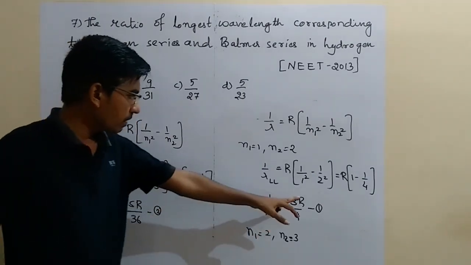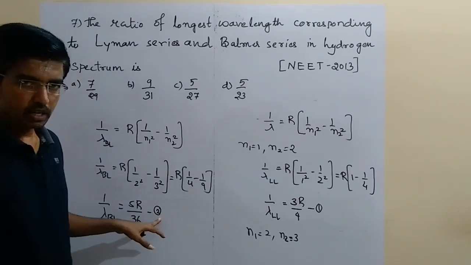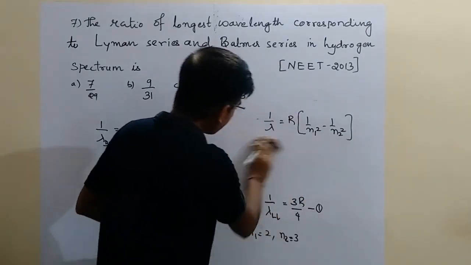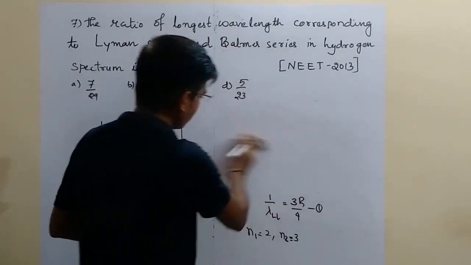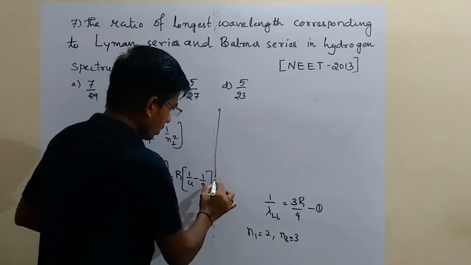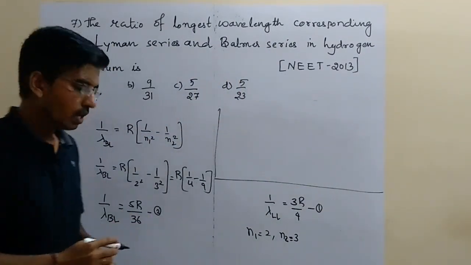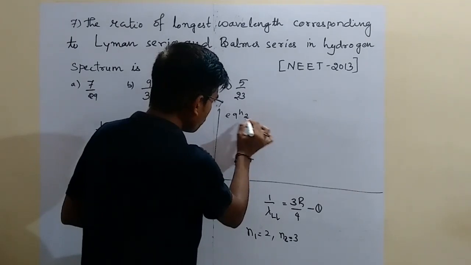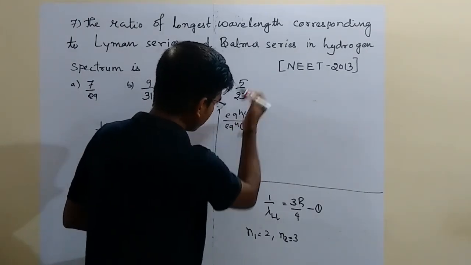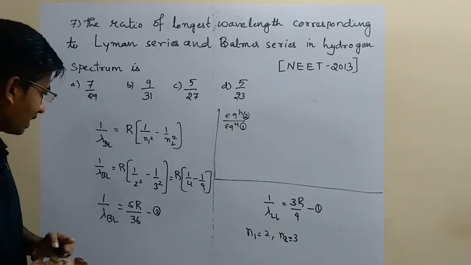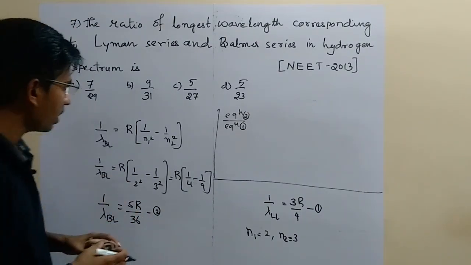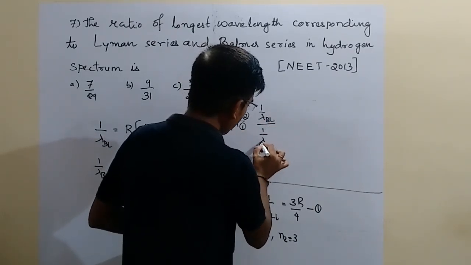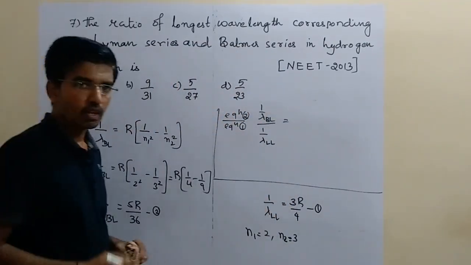Now equation number 1 and equation number 2 are important. In the next 2 to 3 steps you will get the answer. Take equation number 2 divided by equation number 1. First write the LHS part: 1 upon lambda BL divided by 1 upon lambda LL, equal to the RHS part.